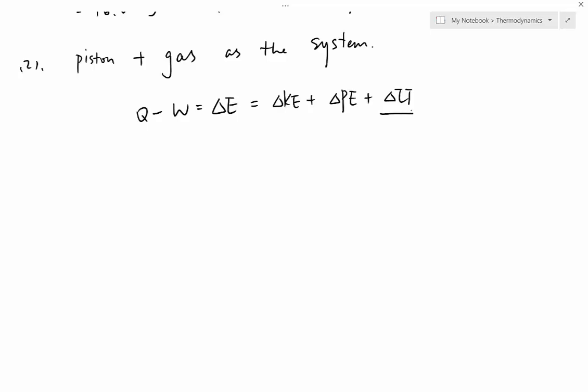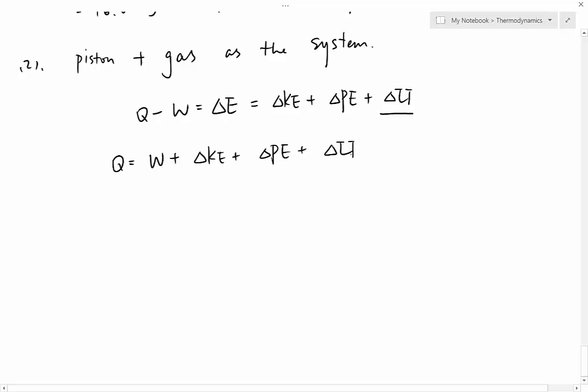Same thing happens for every term in this equation. Remember we're looking for heat transfer, so what we do is to move Q to the left hand side and everything else to the other side. So it becomes W plus delta KE plus delta PE plus delta U.